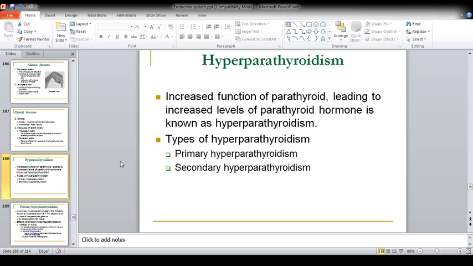Hyperparathyroidism is a condition in which there is increased secretion of parathyroid hormone, which would cause increased level of calcium in the blood.